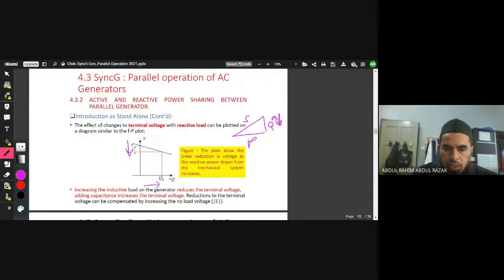So increasing the inductive load reduces the terminal voltage. The terminal voltage is our V out, or V at the load terminal.